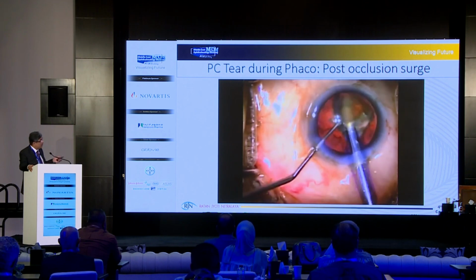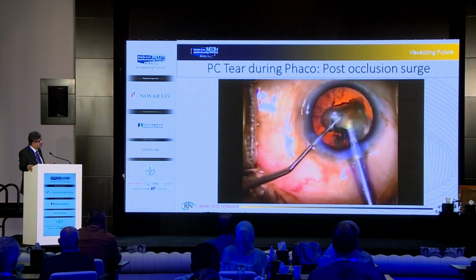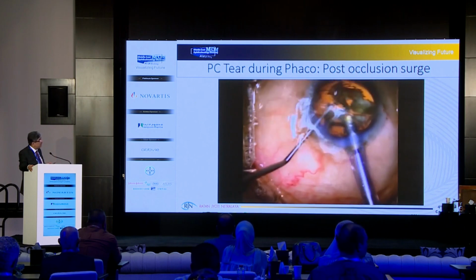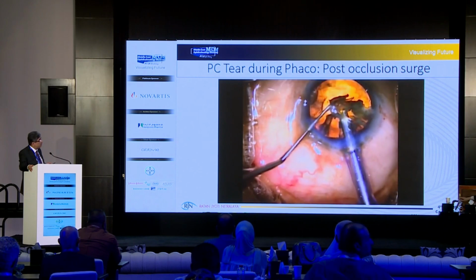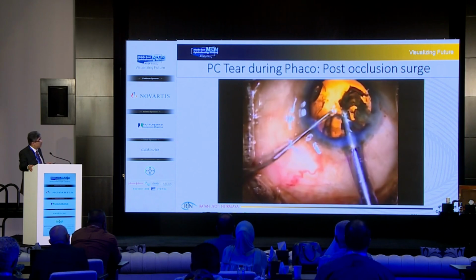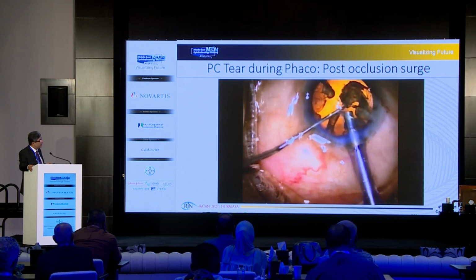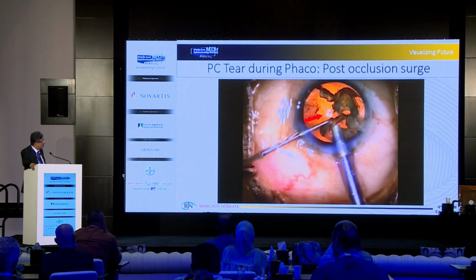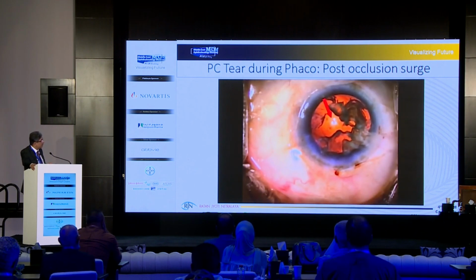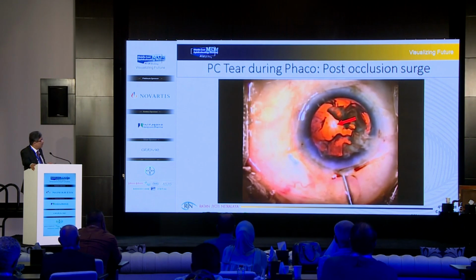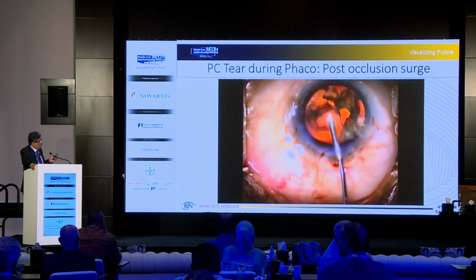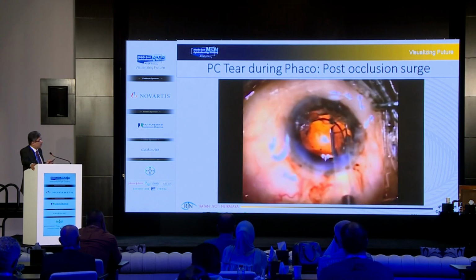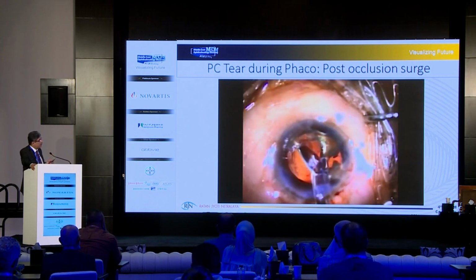I have deliberately made the speed of this slow, just to show that because of the post-occlusion surge, there is sudden shallowing of the anterior chamber, sudden upthrust of the posterior capsule, and a small PC rent has developed over there. And I have made the mistake of pushing the viscoelastic with my phaco tip inside, which should not be done.